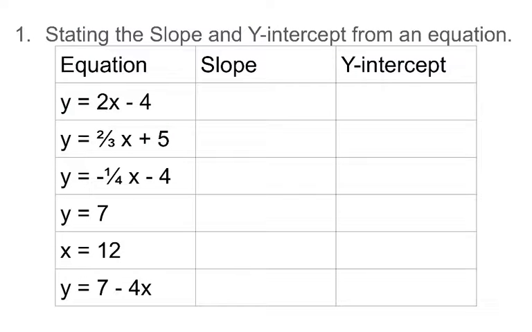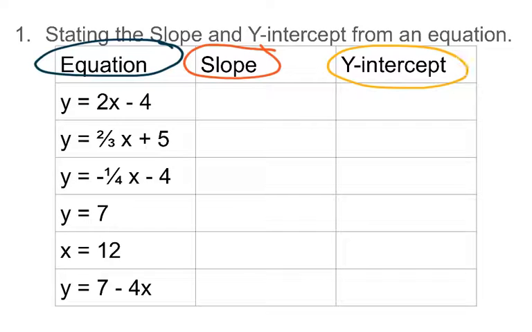Now you're going to be working on some problems using your foldable for a reference. The first kind, we're going to have an equation given to you. Then you're going to state the slope and state the y-intercept. Remember from your foldable that slope is the number in front of the x when the equation is in y equals mx plus b format.